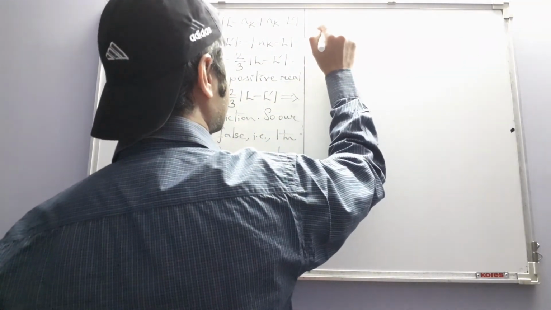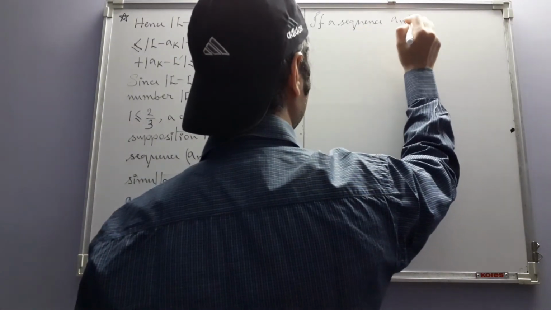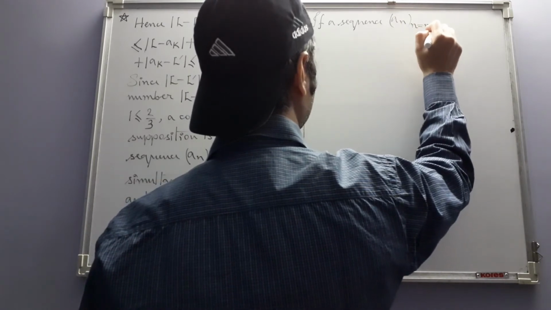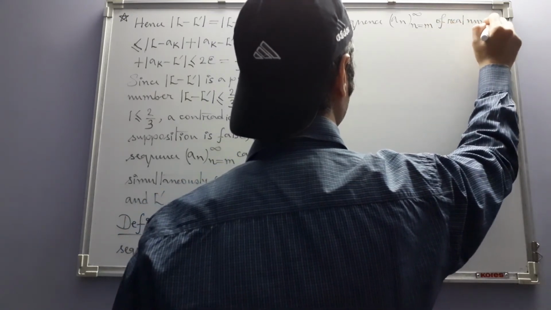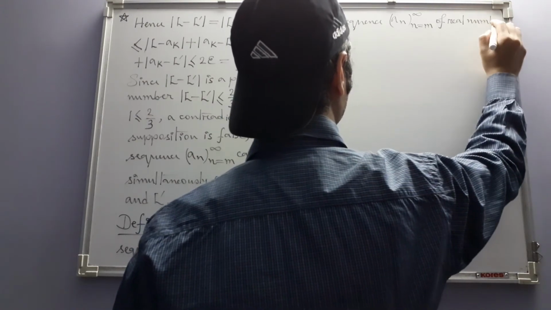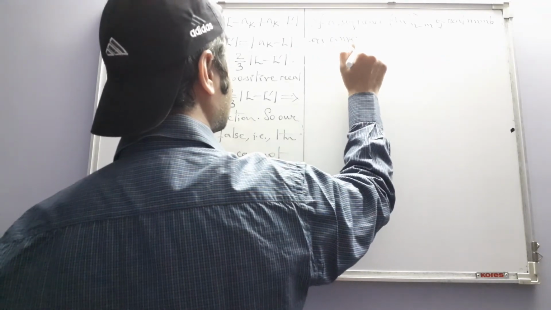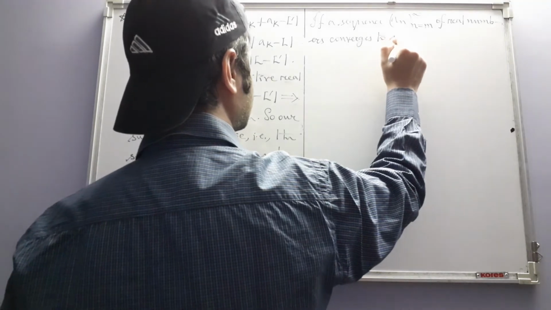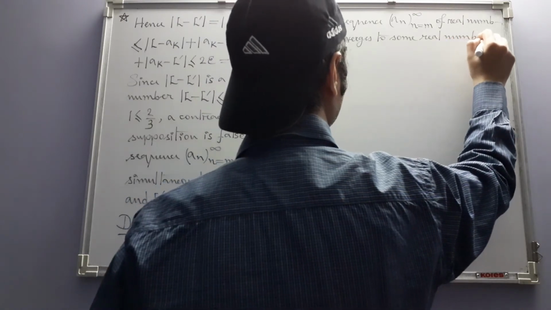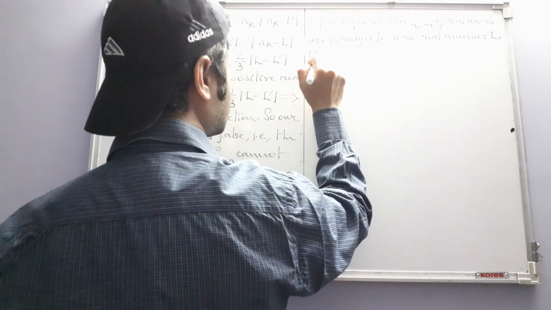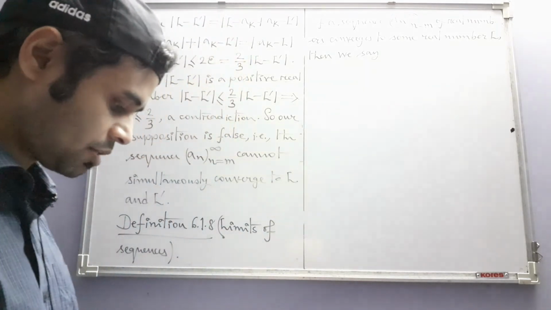If a sequence of real numbers converges to some real number L, then we say that L is the limit of the sequence.